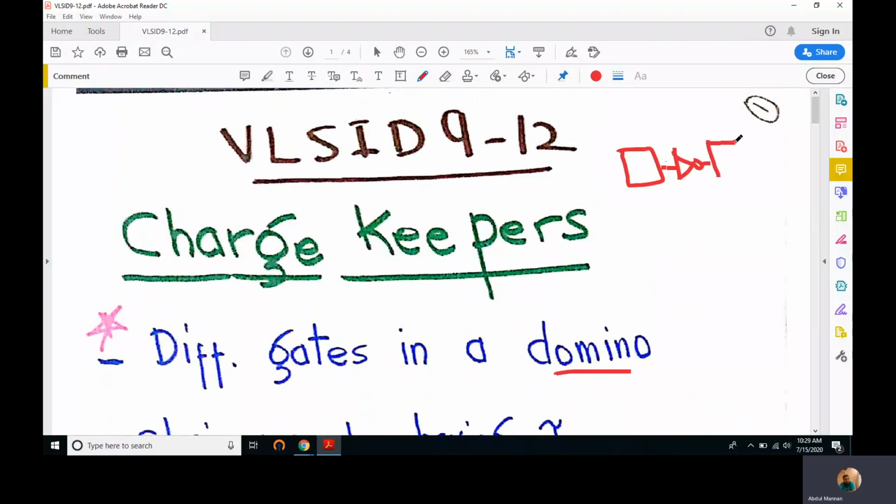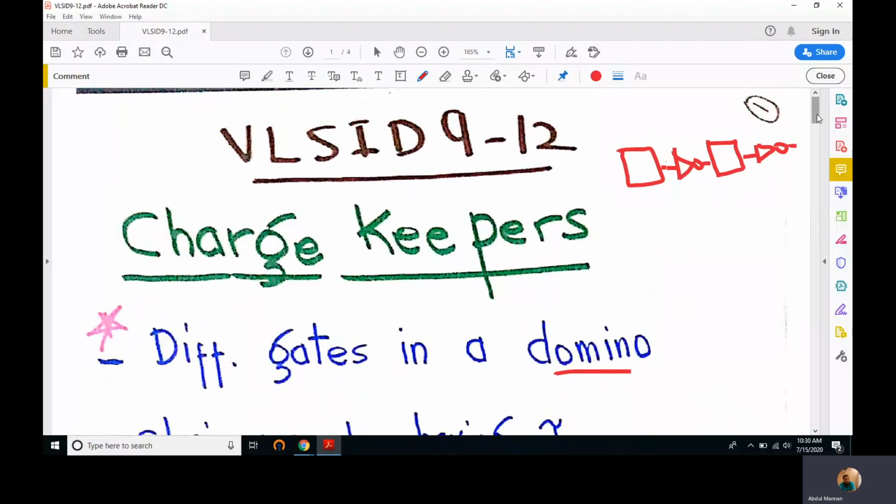Here is another stage, and we keep on introducing static inverters in between. And in our last lecture, we studied how these static inverters work to help in cascading dynamic CMOS gates together, and we get the correct output.